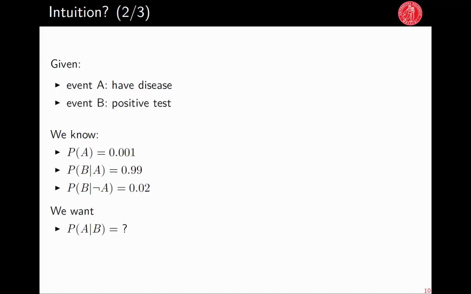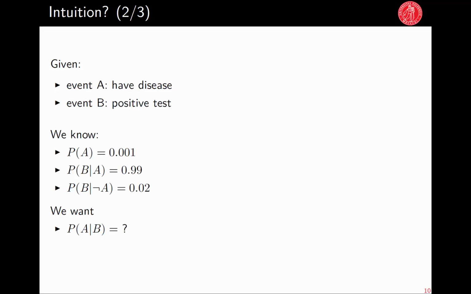Sorry, did I say having the disease? So you test positively given that you have the disease in 99% of all cases, 99 of 100 cases. 1 in 100 who actually has the disease will not test positive.